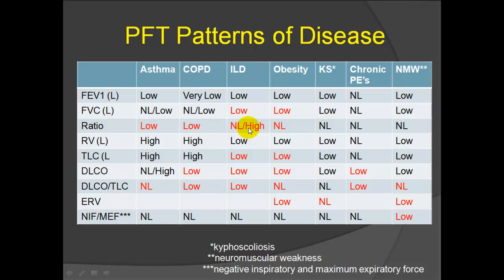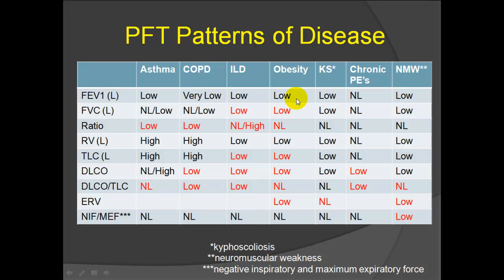With a normal ratio, we find a low forced vital capacity, indicating probable restriction, which is confirmed by a low total lung capacity. The diffusion capacity is also low, but it's low out of proportion to the total lung capacity. So if the total lung capacity is 70%, the diffusion capacity might be 40%, making the diffusion capacity corrected for lung volume still low.